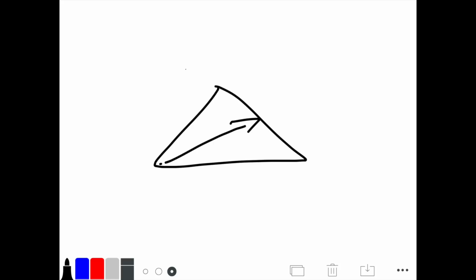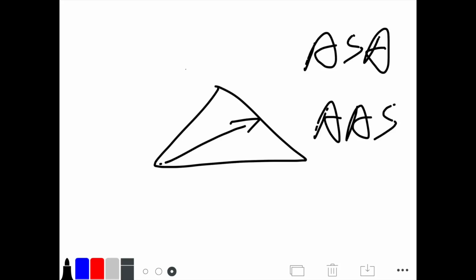So we can see that as soon as we have one angle and its opposite side and another angle or another side, we can use the law of sines to solve the triangle. For ASA and AAS, there is only one situation.